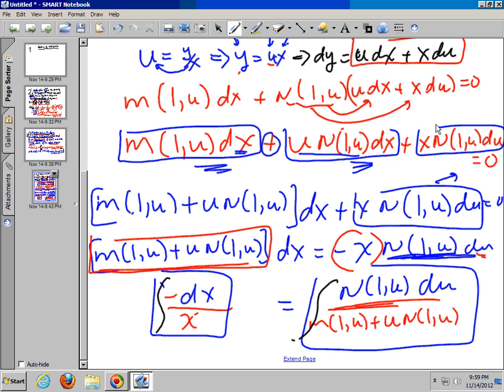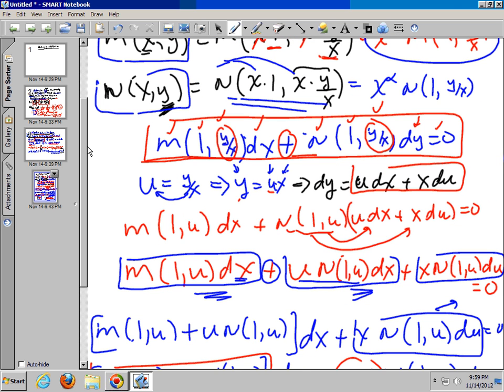Now, one quick comment. I made this substitution here, but we also can always choose to say v is x over y, and that would imply that yv, or vy, is equal to x. This is an alternate substitution that we can make.